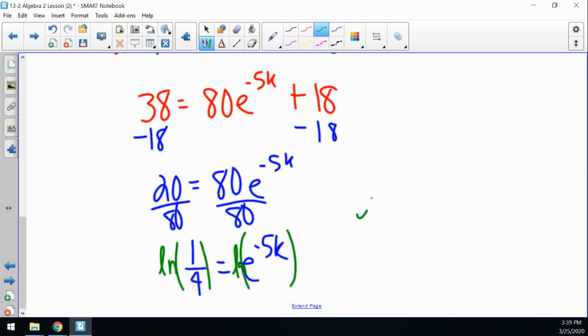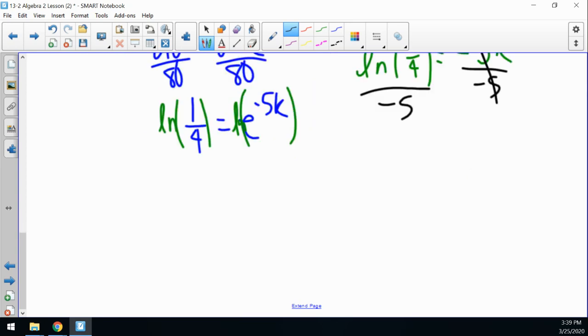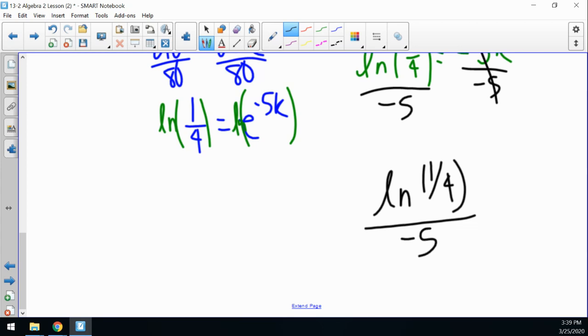Then I get ln of 1/4 is equal to negative 5k, and then I divide by negative 5. That's what our k is going to be: ln of 1/4 over negative 5.